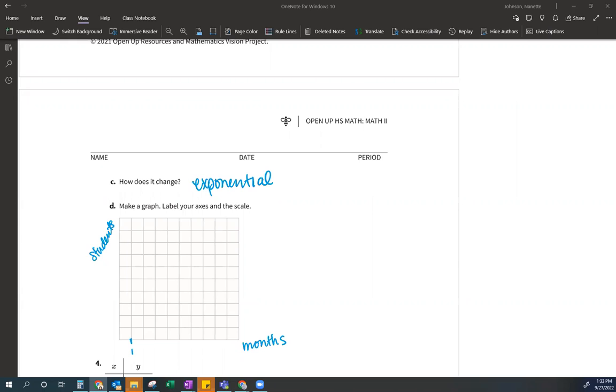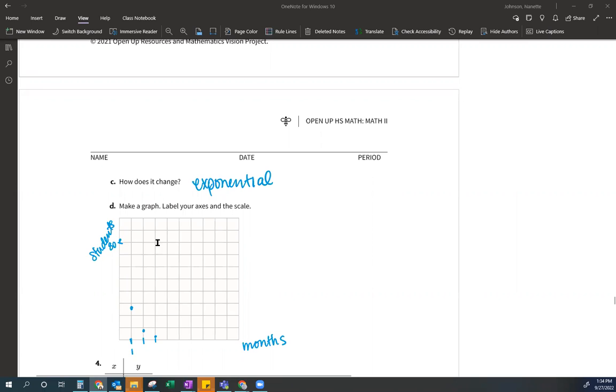I'm going to make these tens: 10, 20, 30, 40, 50, 60, 70, 80. So this is 80. We had 81 students to start, then 27 for the next, and then we had 9, and then we had 3.